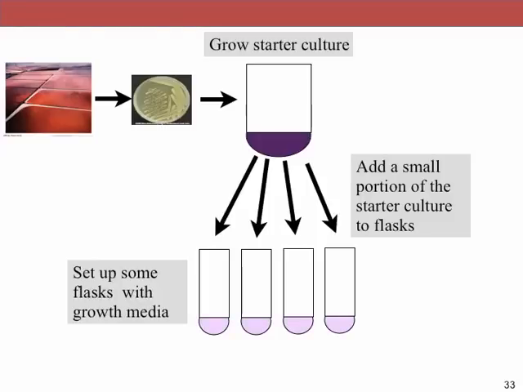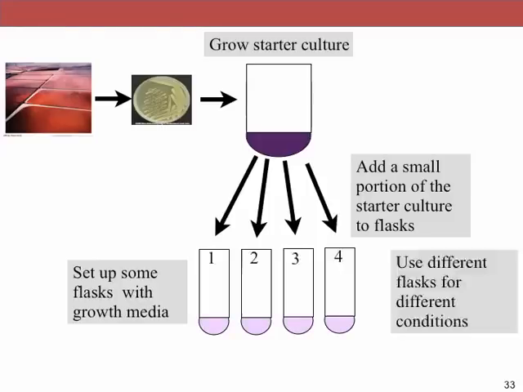And now, it's a tiny bit of the organism in each of these tubes. And then you either do this beforehand or you do it afterwards. You give each tube a different condition. So 1 molar salt in this tube, 2 molar salt in that one, 3 molar in this one, and 4 molar. So you're now comparing different salt concentrations across the different tubes.